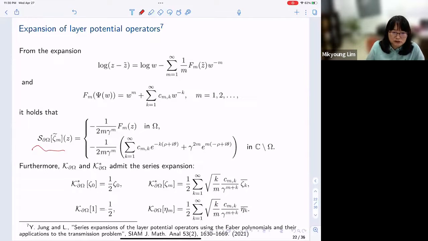And also the NP operator has a series expansion with respect to zeta m and eta m. So zeta m and eta m are the modified basis. So K star with zeta m and K with eta m have different bases, but they have the same quotient, which we denote by G MK, and this quotient is symmetric.